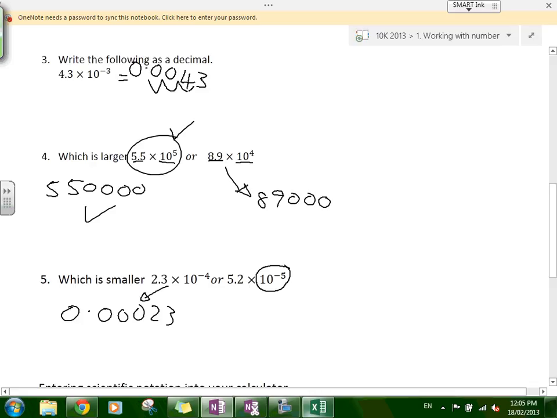That's this one, whereas this one here is 0.000052. So again, without writing it out, and by simply looking at the powers of 10, this one is smaller. That's our answer here, 5.2 times 10 to the power of minus 5.